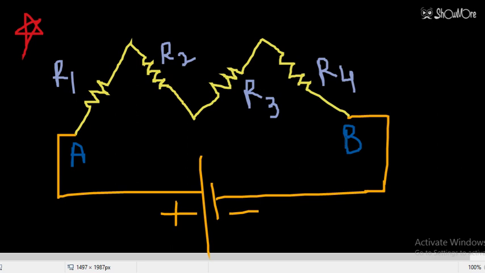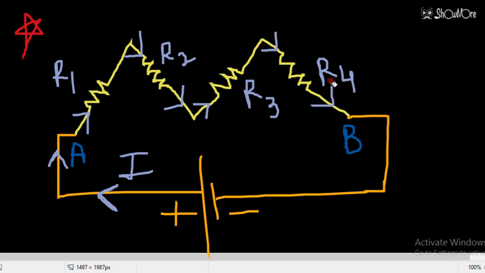Now you can see some current is coming from the battery. Let's name it I. Then the same current will flow through this portion. Same current will pass through resistance R1, the same through R2, the same through R3, and the same through R4.